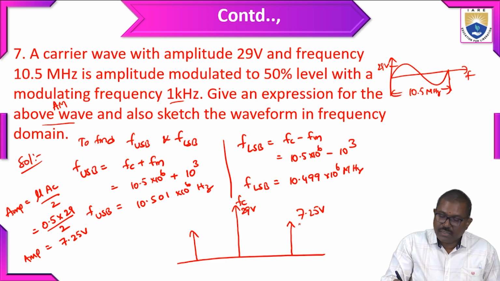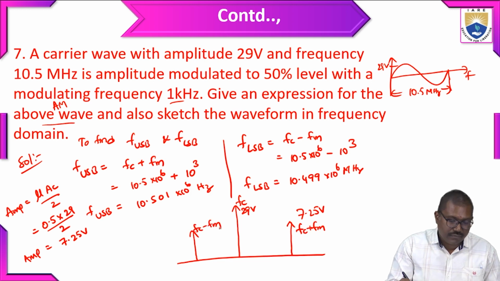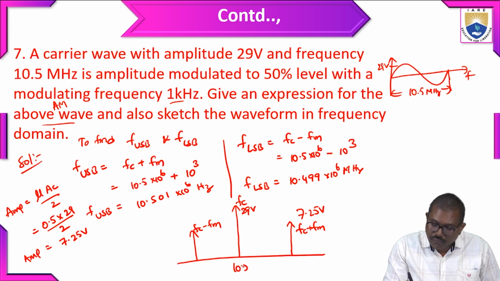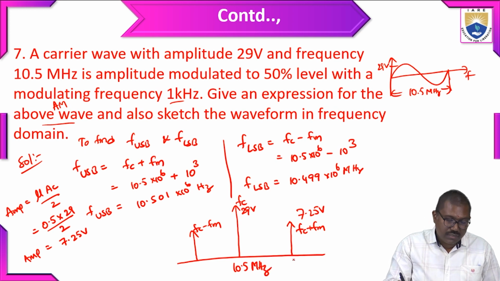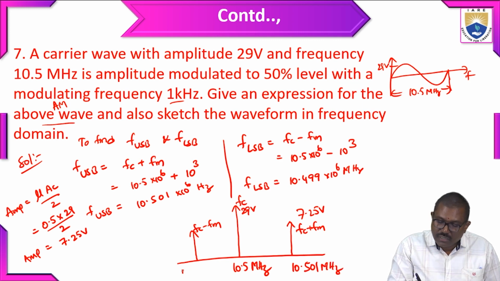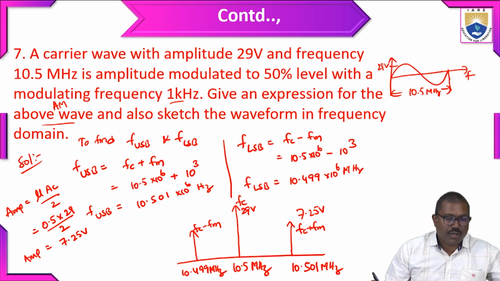Here one is Fc plus Fm and one is Fc minus Fm. So what is Fc? 10.5 megahertz, and the USB is 10.501 megahertz and the LSB is 10.499 megahertz. So this is the given problem.